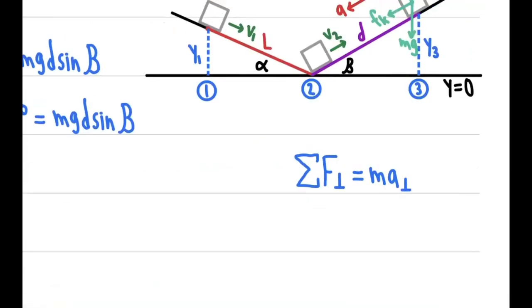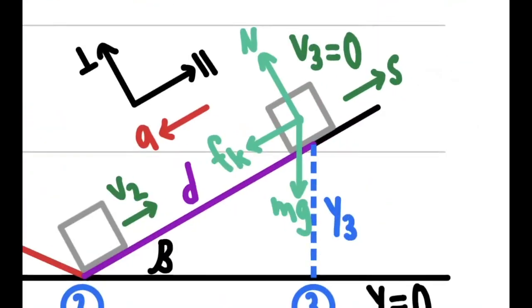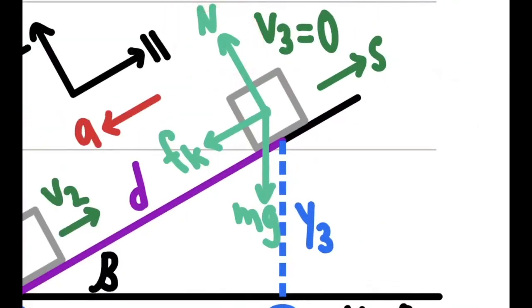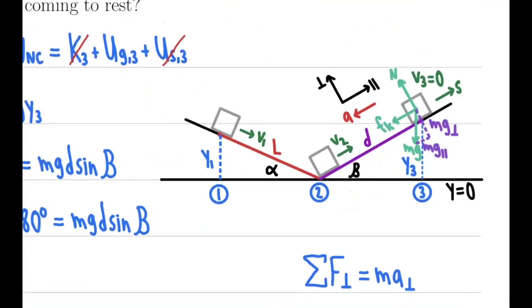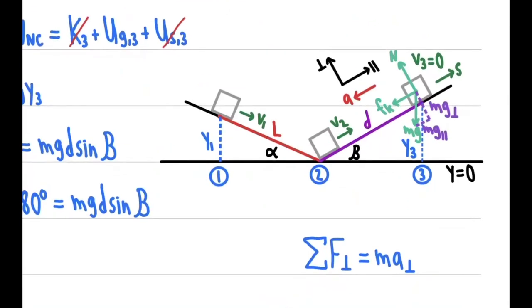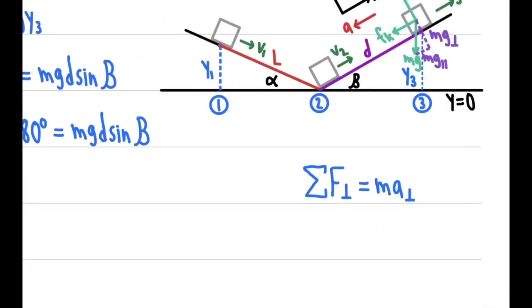And the sum of the forces in the perpendicular direction is just going to be N minus mg in the perpendicular direction. So let me break that up into its components. All right, so the sum of the forces in the perpendicular direction is just N minus mg perpendicular. And like I said, a perpendicular is 0.